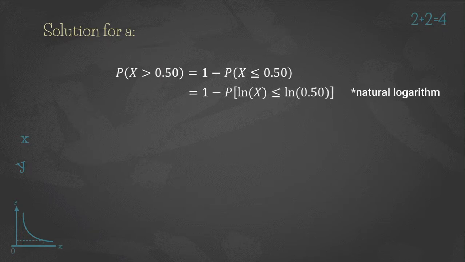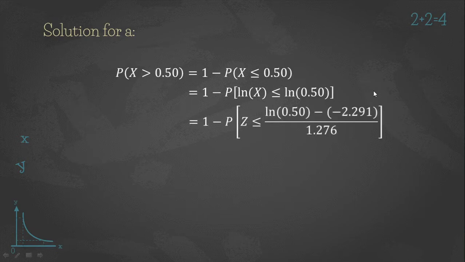Then 1 minus the probability of ln of x is less than or equal to ln of 0.50. So, kinuha lang natin yung natural logarithm nito. Kaya naging ln of x as ito is naging ln of 0.50.